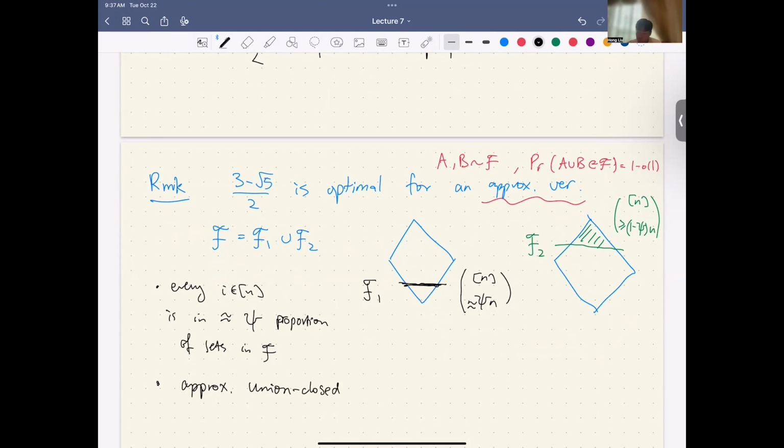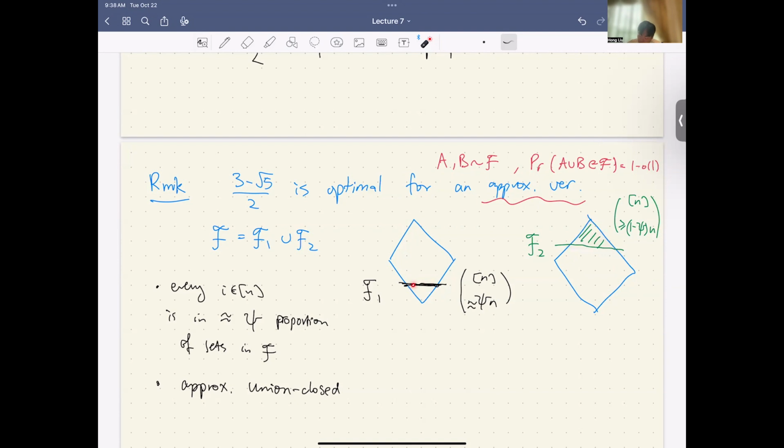This is because if you take two sets, think of it randomly, take two sets here. If you take two other sets, their union definitely lies in F because it's on the top here. The size is large. So the only thing you have to check is if you take two sets here, the union lies in F, which means it lies above in here, right?